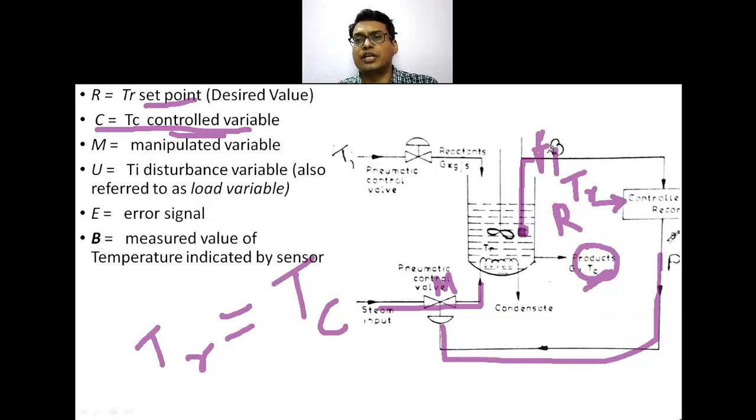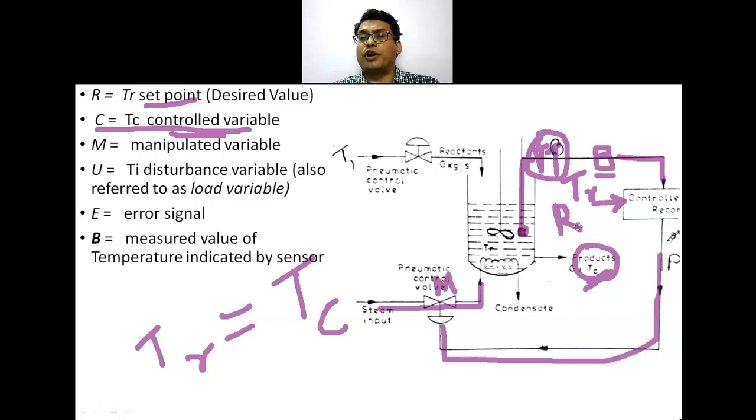This temperature transmitter sends the value B, that is the measured value of a temperature indicated by a sensor. B is the measured value. This measured value is going into the temperature controller. It sends a signal to the temperature controller.